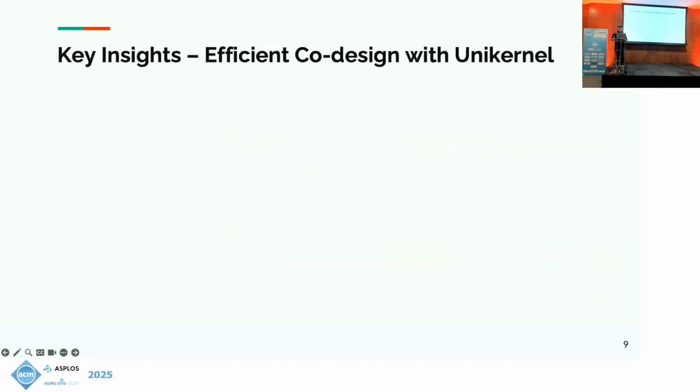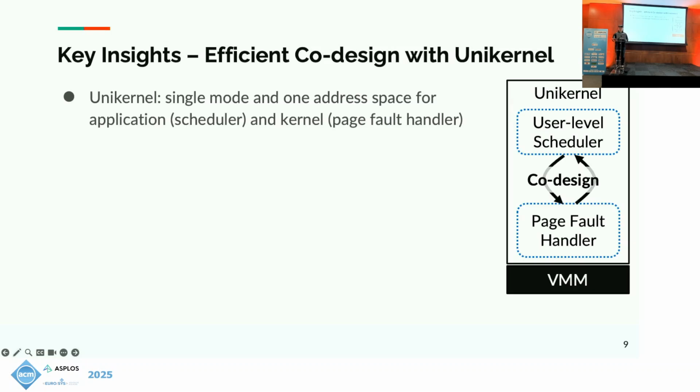So, how do we perform this nice yield-based page fault handling efficiently? We use Unikernel and co-design the user-level scheduler and page fault handler. Unikernel offers a single mode and one address space for both application and kernel. So, interaction between the kernel and user part is just a normal function call, avoiding any expensive overheads.